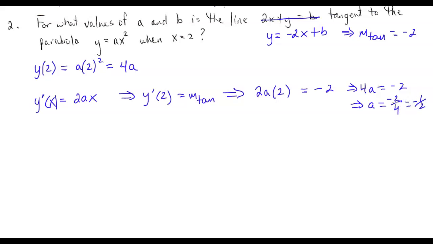Okay. So here we know that a is equal to -1/2. So half of what it is that we need to find out has been found out. Now, notice that because a is -1/2, that also tells you that y of 2 is going to be 4 times that -1/2, which is just going to be -2 at the end of the day.